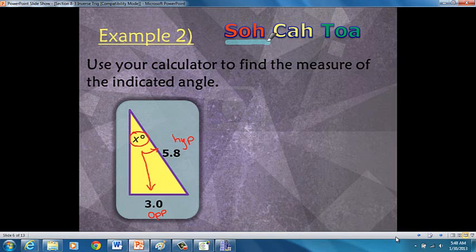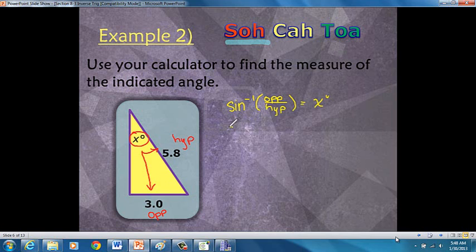But because I'm looking for the angle measure and not one of the sides, I'm going to use the inverse sine function. So I'm going to say the sine inverse of the opposite over hypotenuse. Whatever that ratio is, that's going to give me the measure of that angle.